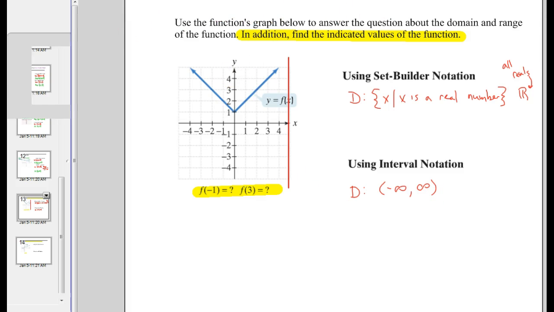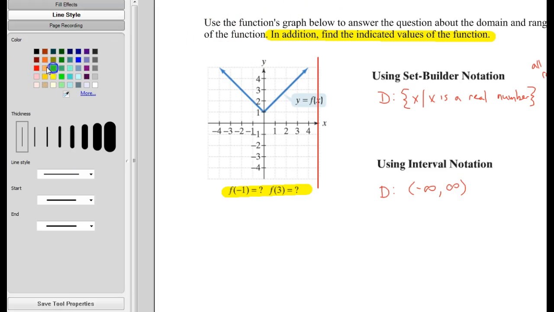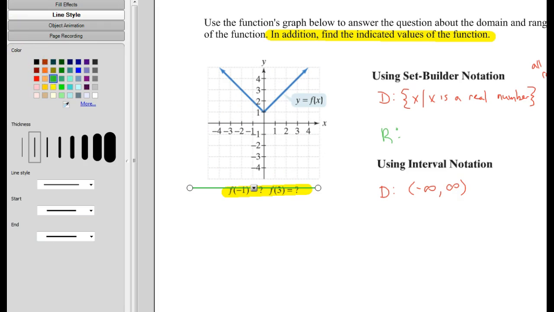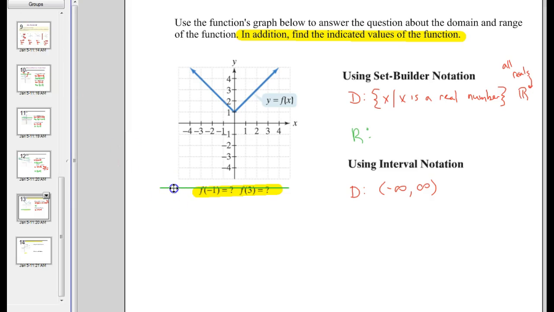Alright, now, what about range? Well, the range is different here. Again, take my vertical line and rotate it to become horizontal, and start from the bottom and make your way up. We don't hit any graph. It's not all real numbers.